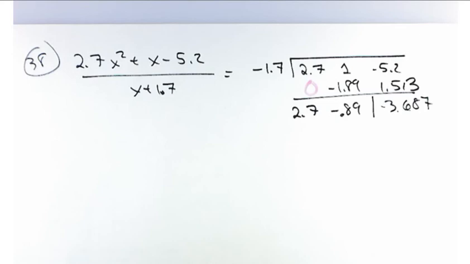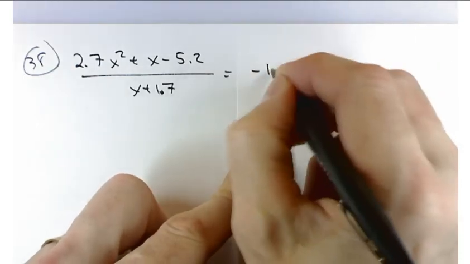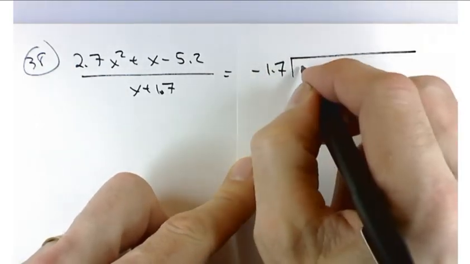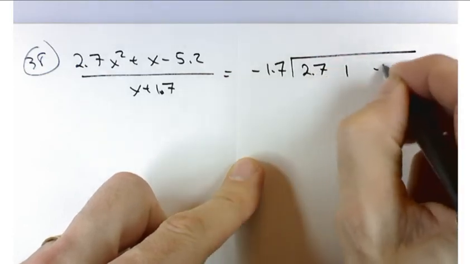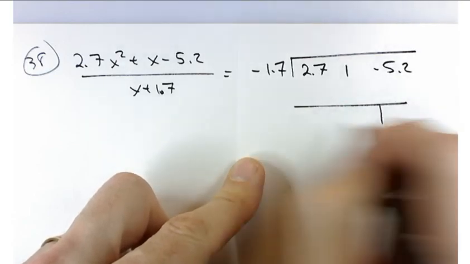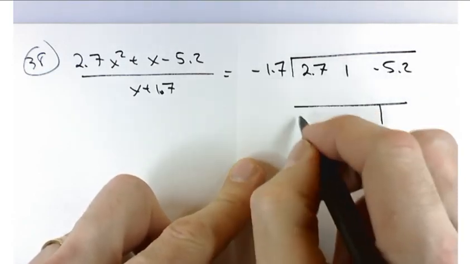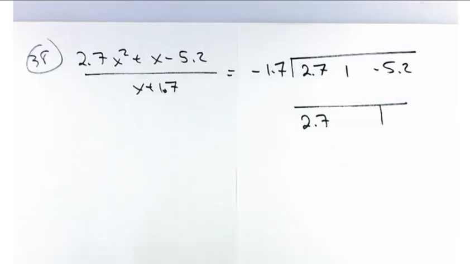All right, so let's apply a lot of Photoshop here. There we go. So negative 1.7 into 2.7, 1, negative 5.2, and 2.7. You know, 1.7 times 2.7.